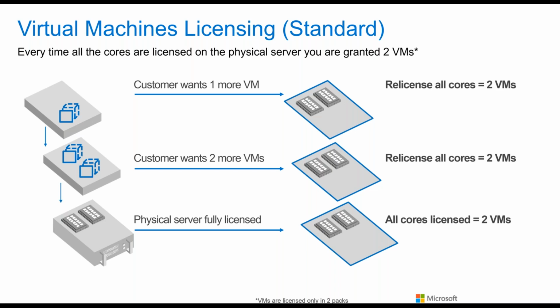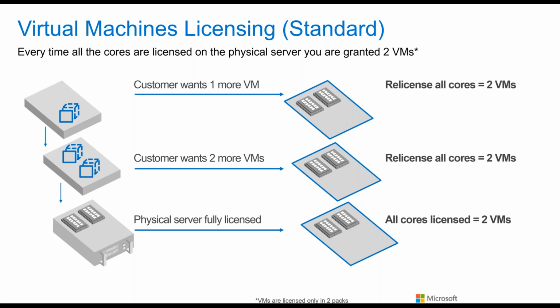But in the scenario where the customer only needs 2 virtual machines, that is fine. But whenever the customer needs more than 2 virtual machines, they will have to license all the cores again.